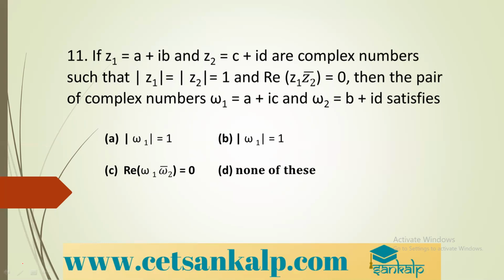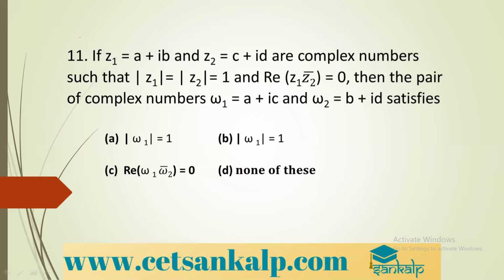Then the pair of complex numbers w1 equal to a plus ic and w2 equal to b plus id satisfy which of the options? So there are too many things linked with each other.